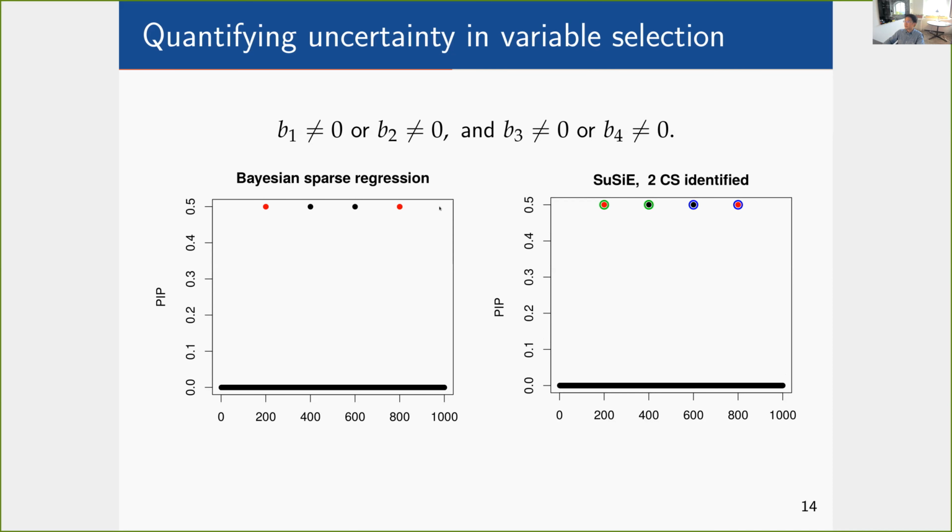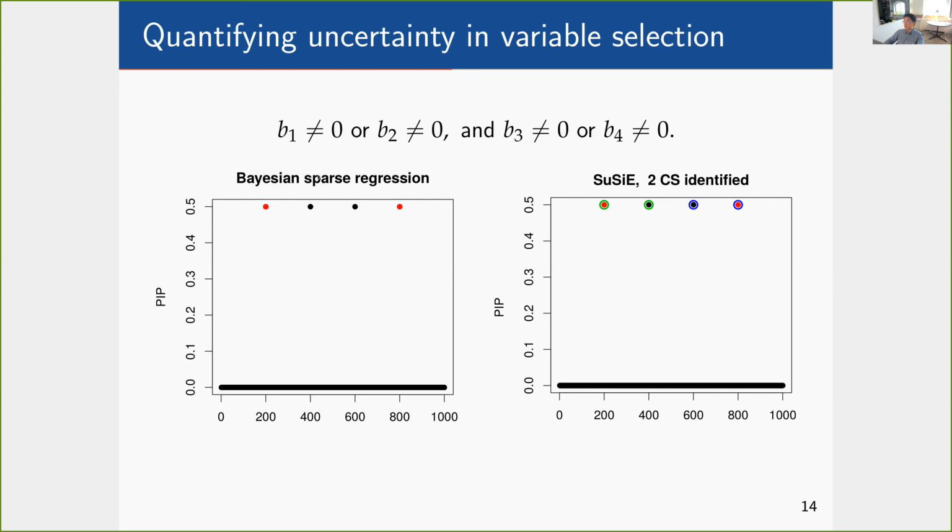But if you use the conventional Bayesian sparse regression, by going through the process of computing the configurations and aggregating the posterior inclusion probabilities, you get that correctly. You correctly assign those equal probabilities, 0.5, 0.5. But then at the credible set level, all you can say is that we know there are 4 variants proposed here, and we know that out of the 4 variants, 2 of them should be causal, because when you aggregate the PIPs, 0.5 plus 0.5 plus 0.5 plus 0.5 is 2.